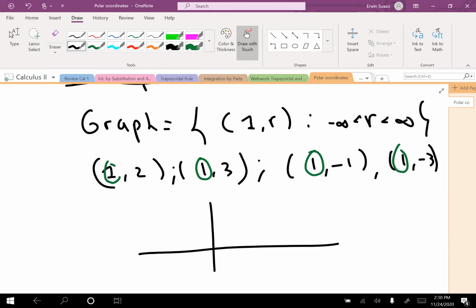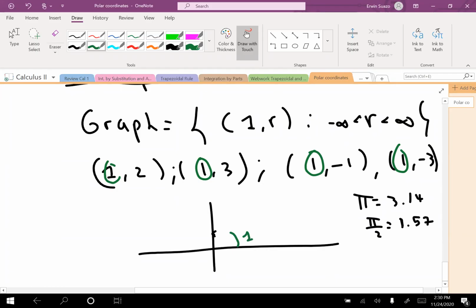So 1 is the angle, right? Pi is like 3.14, so pi half is like 1.57 maybe. So you see this angle is 1.57 radians. So 1 must be something in the middle.